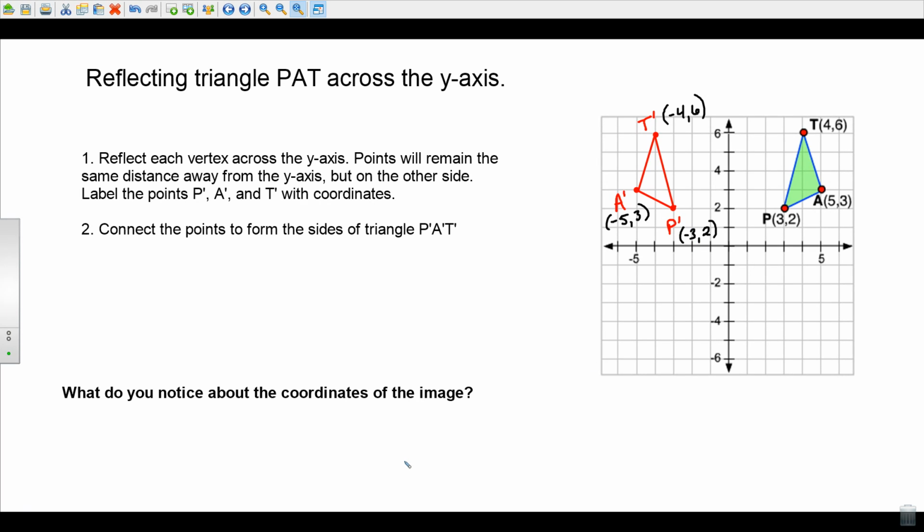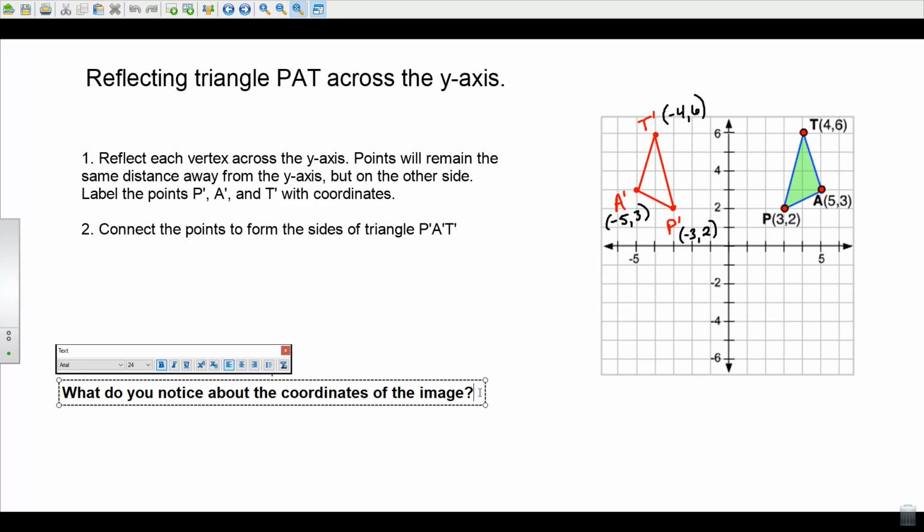You should notice something right now. What I notice is that the y coordinate stayed the same and the x coordinate changed to its opposite. So I'm going to add that in here. The y coordinate stayed the same and the x coordinate changed sign.